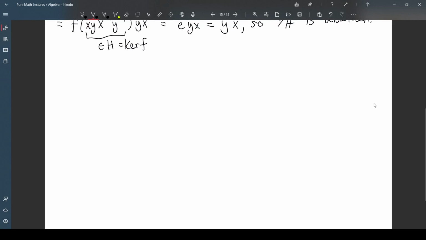All right, so now we can prove that, actually, we need another lemma that will essentially be the entirety of the theorem.